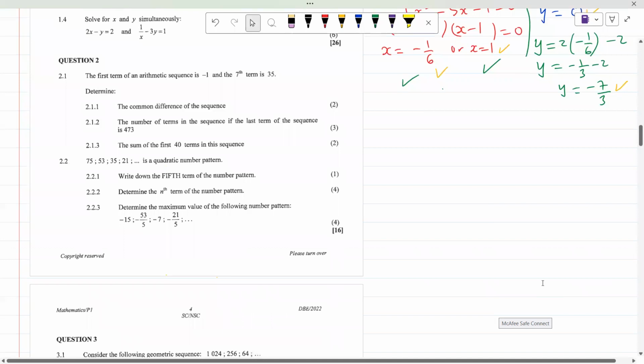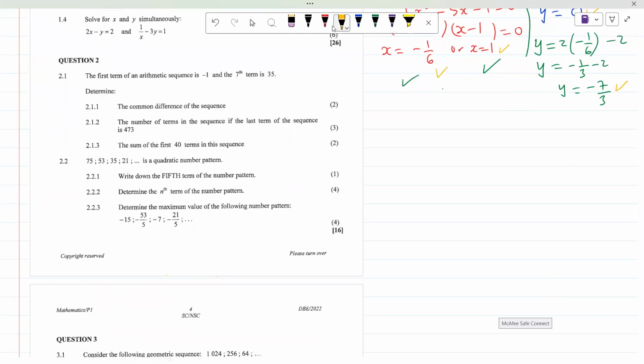The next question will be question 2, and we're tackling that one on number patterns.